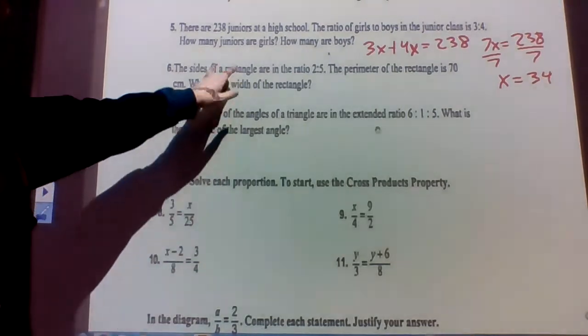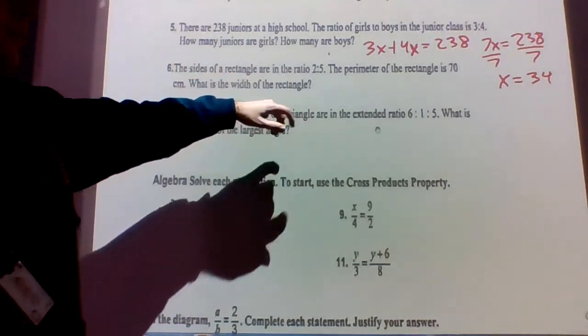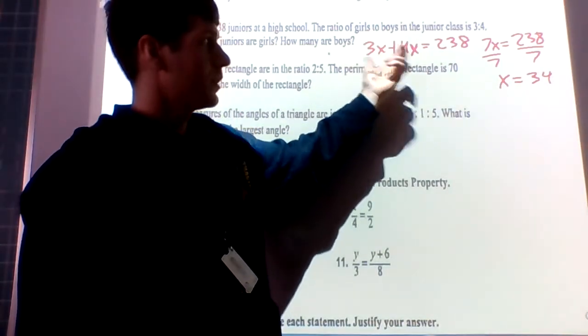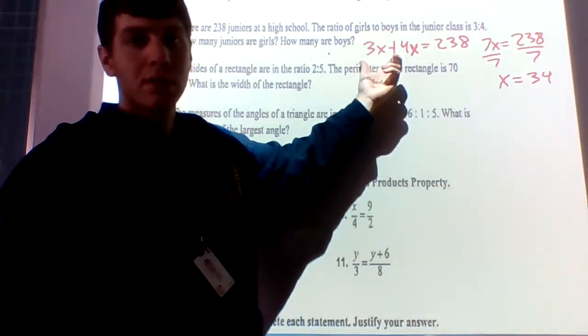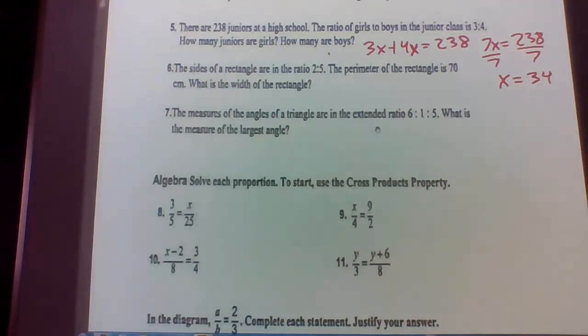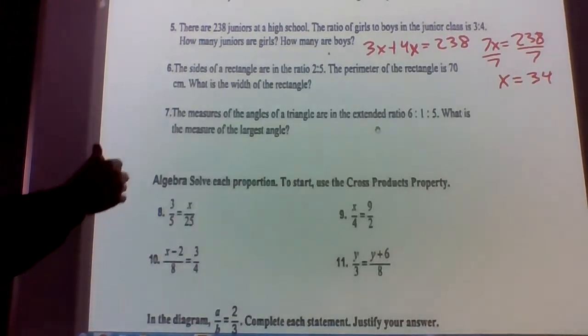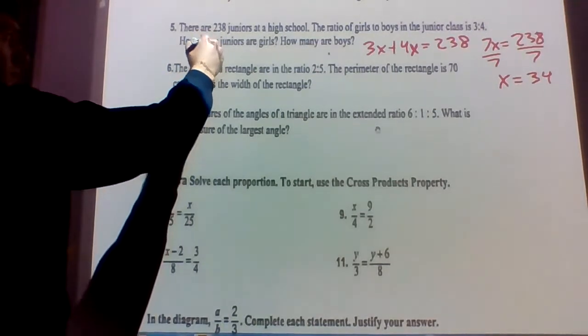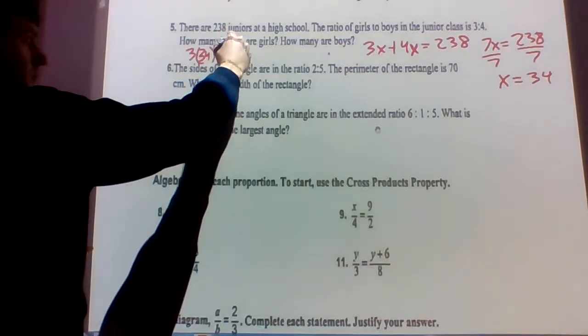It wants to know how many are girls and how many are boys, so we plug it back in. It says girls to boys, so the number of girls is 3x and the number of boys is 4x. To find the number of girls, that's 3 times 34, which is 102.